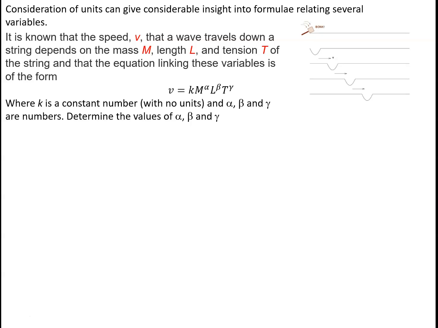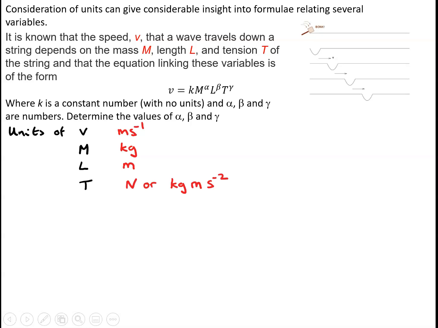Well, on the left-hand side we've got v, which is a speed, so we know the units of v are meters second to the minus 1. We know that capital M is a mass, so that's kilograms for the units. L is a length, so L is measured in meters. And T is a tension, which is a force, so that is measured in newtons, or kilograms meters seconds to the minus 2.